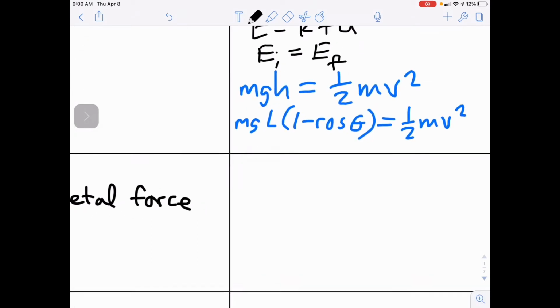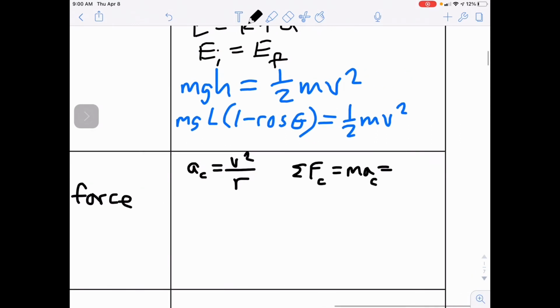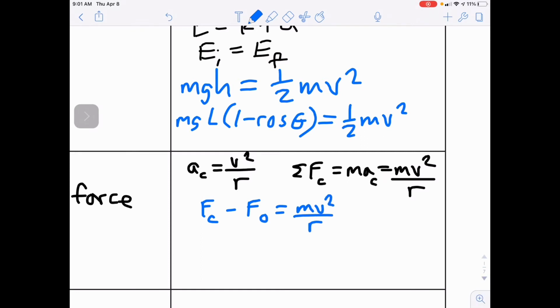Okay, from this we need to know centripetal acceleration is equal to v squared over r, which means the net centripetal force, which is ma, is really mv squared over r. But you should be able to rewrite this as causing force minus opposing force equals mv squared over r. But what is that really?